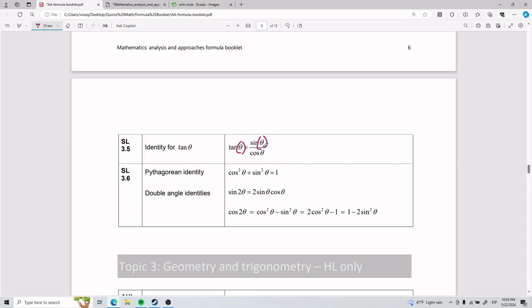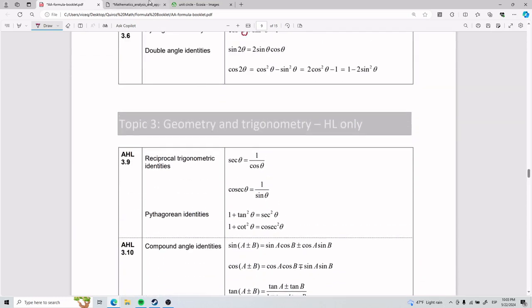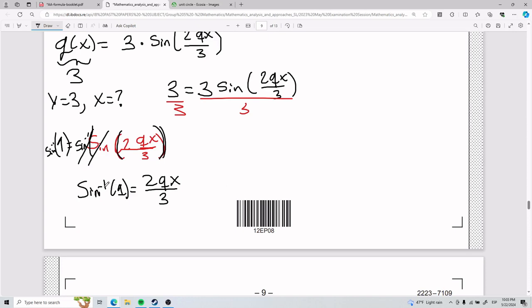And what is theta? Theta is a way to express an angle. Whatever's inside the sine is an angle, yeah? And so when you do sine inverse, you end up with just the angle of 1.